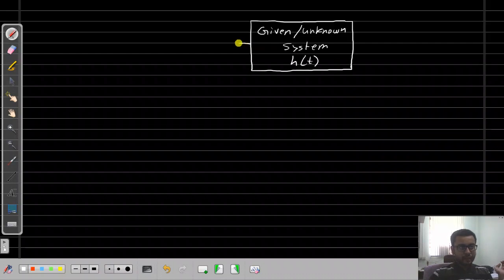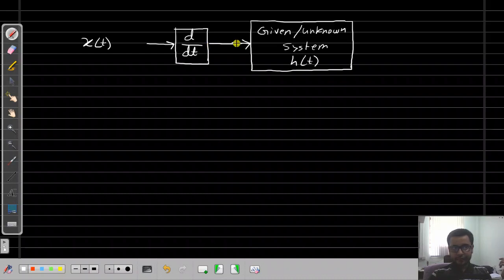Then suppose in theory I connect this differentiator in cascade like this. Imagine we do this in theory, such that some input x comes here, then the derivative goes to the input of the unknown system and output is produced.